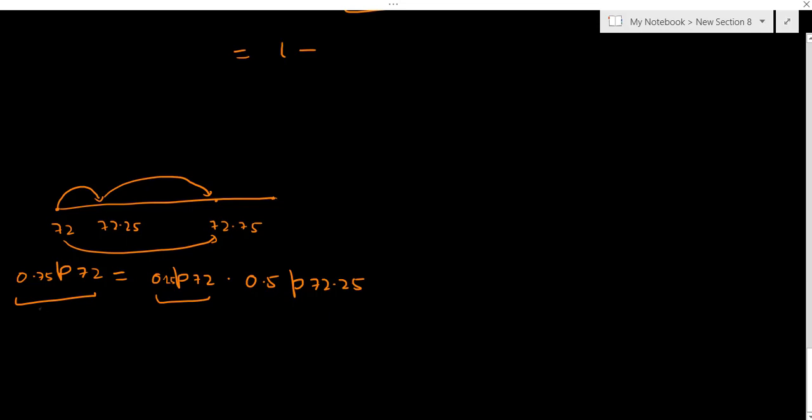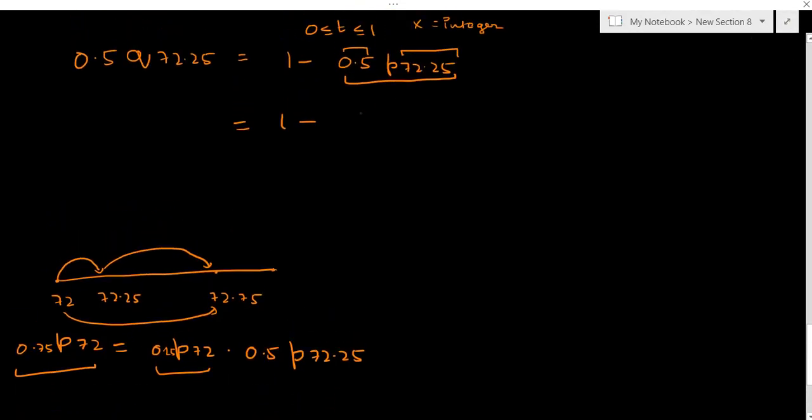So this implies that 0.5 P 72.25 is actually equal to 0.75 P 72 divided by 0.25 P 72.